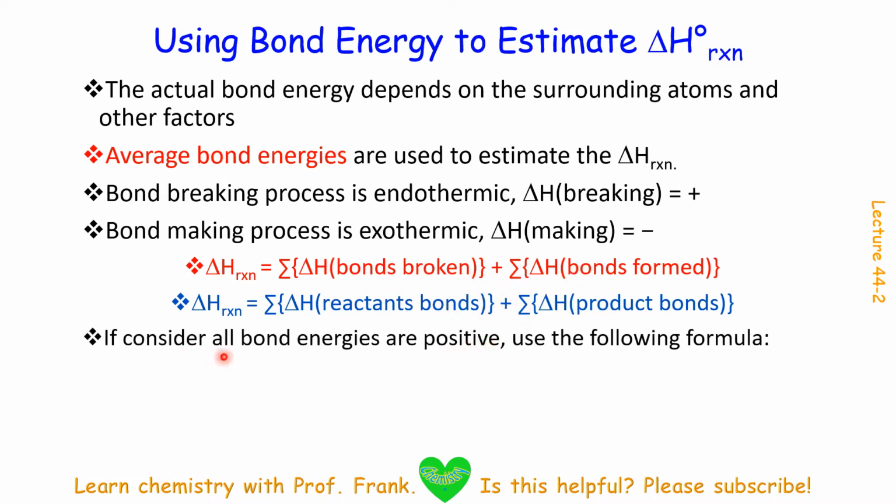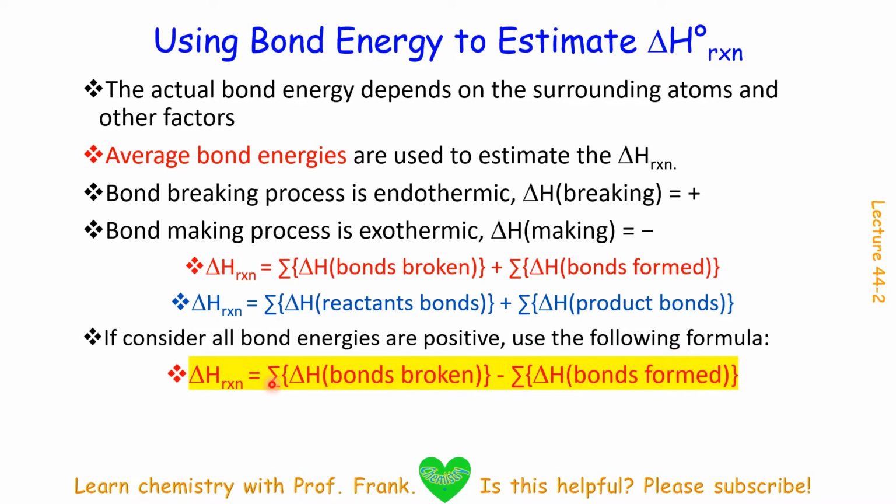However, if we consider all bond energies to be positive, it is easier to use the following equation to calculate the delta H of reaction. Using this equation, we don't need to worry about a positive sign for bonds broken and a negative sign for bonds formed. All of the delta H values for bonds broken or bonds formed, we just use positive values.